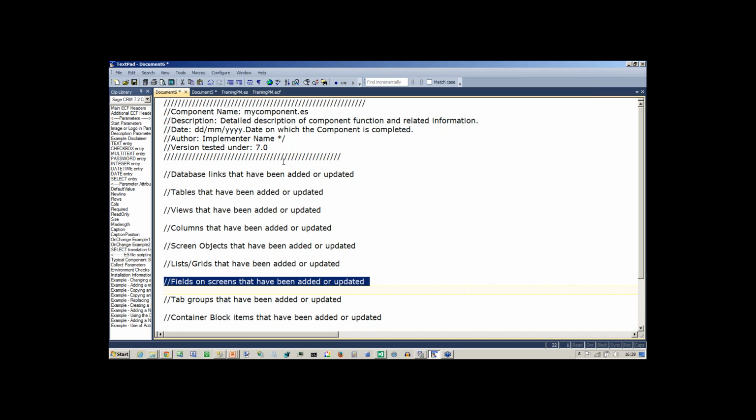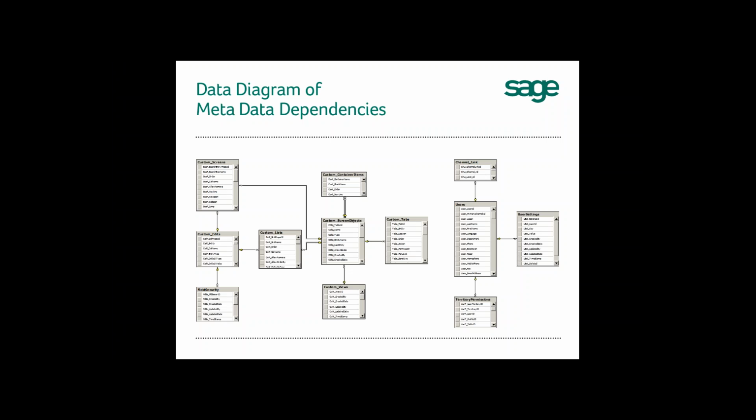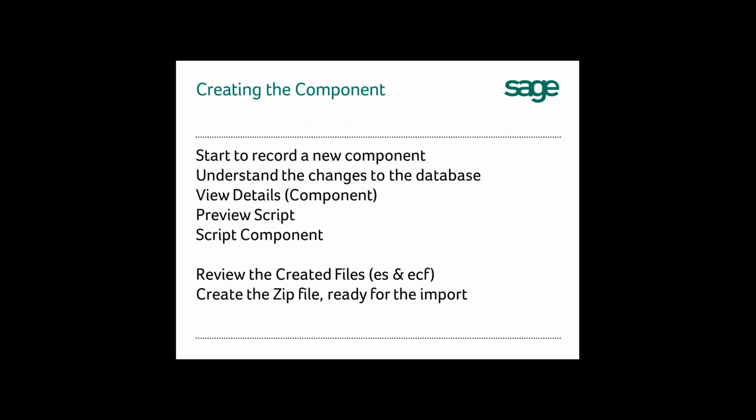But there is a general pattern that your components should follow because of the metadata dependencies inside the custom tables within CRM. Now, we started the process of creating our new component, and we've looked into the database to see how the metadata is labeled as belonging to particular components.